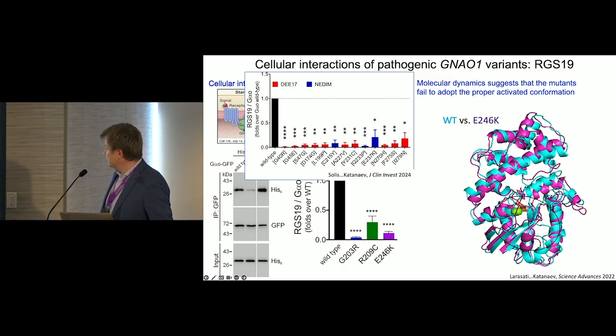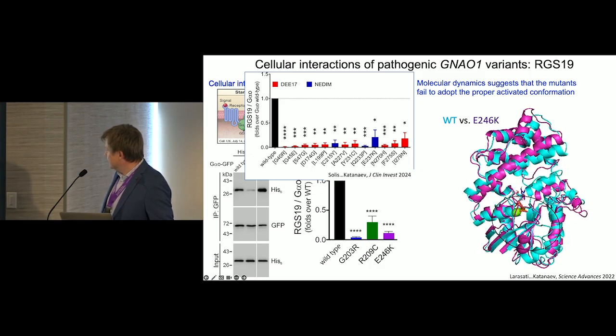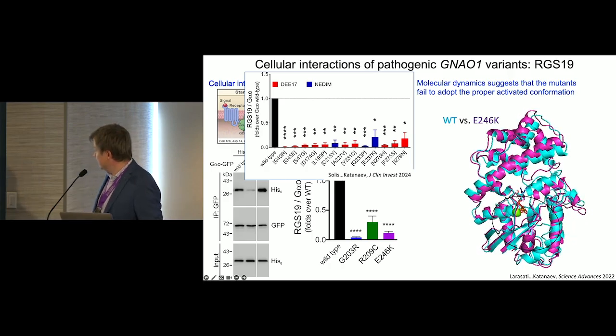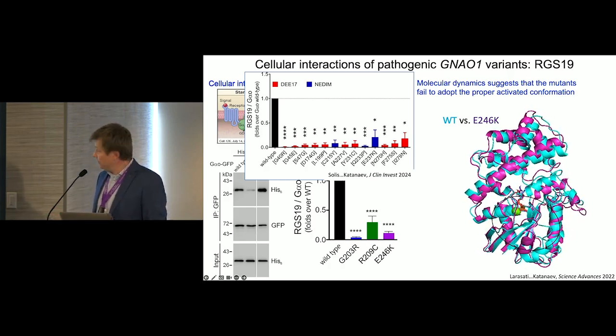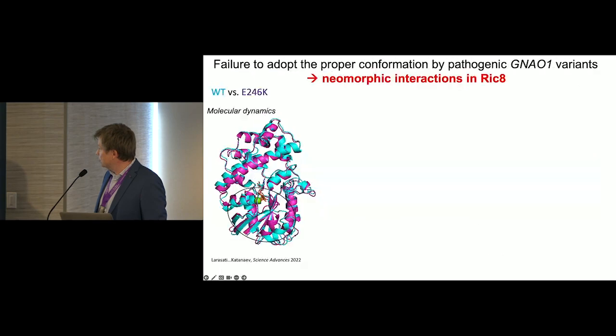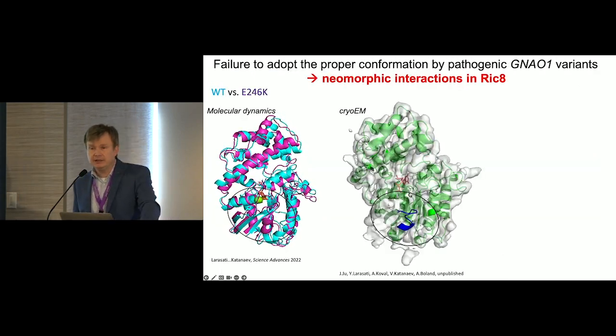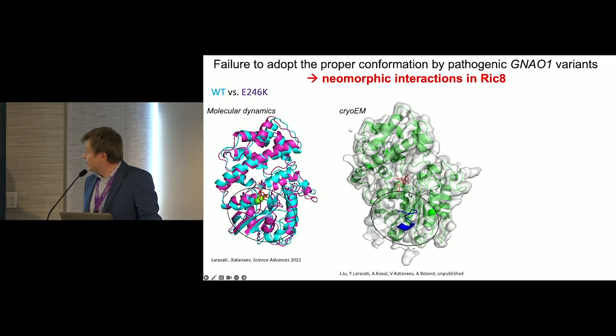So these are molecular dynamic simulations. And what I want to show you here is this particular catalytic loop where the glutamine 205 is located. This loop is actually displaced in this mutant. But what is cool is that this displacement is confirmed by the cryo-EM data, which we just started to obtain for the same mutant, E246K.